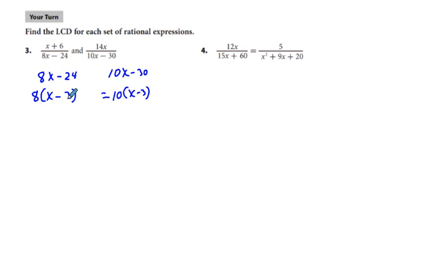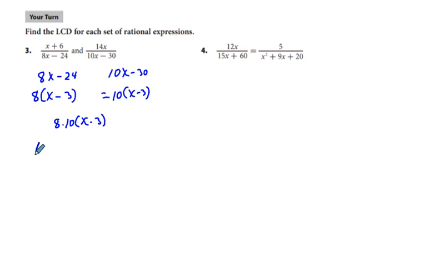And so between these things here, x minus 3 is common between these two, but 8 and 10 are not. And so to get a least common denominator between these two, we're going to have 8 times 10 times quantity x minus 3.